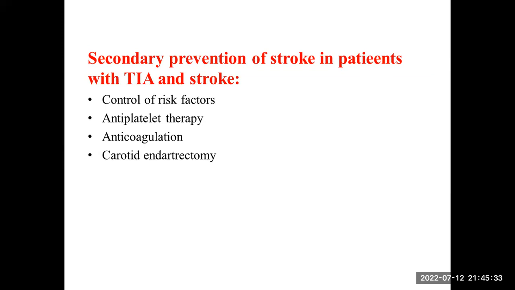This includes groups like GLP-1 agonists, glucagon-like peptide-1 agonists, and it includes also the SGLT2 inhibitors, the sodium glucose co-transporter inhibitors. The GLP-1 agonists and the SGLT2 inhibitors are two important groups of antihyperglycemic drugs which have been shown to reduce the risk of recurrence of stroke. And if there are no other contraindications, we should always consider these two groups of drugs in controlling diabetes as part of the secondary prevention of stroke.